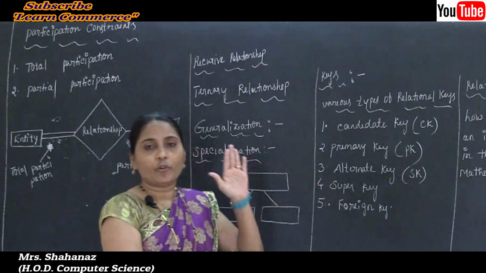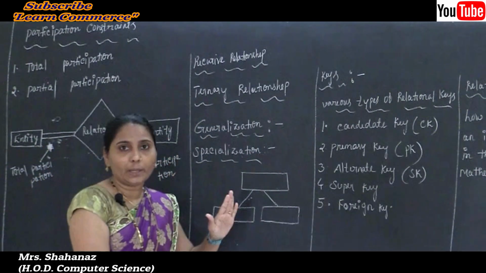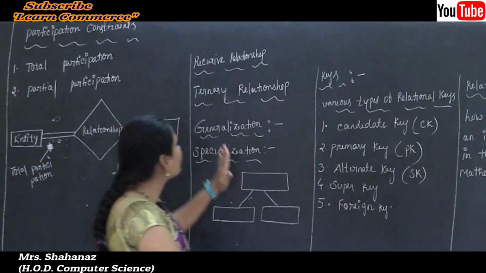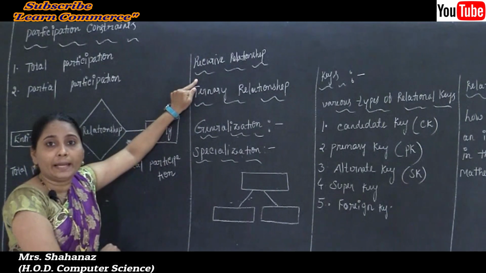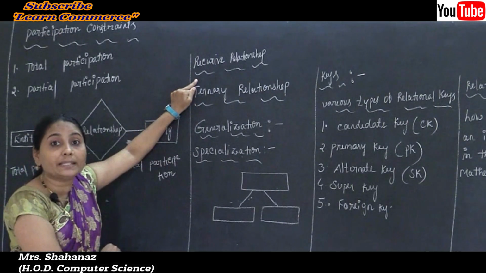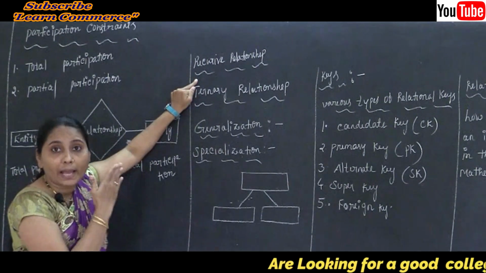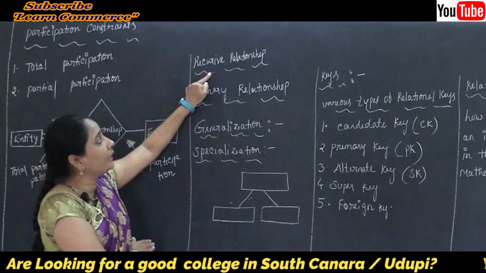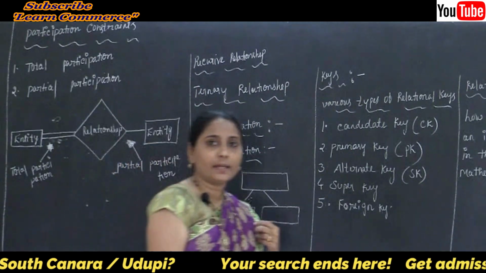If one table is there, all those columns relate with itself within that one table. So this is called our recursive relationship. The meaning of entity is the table. So when an entity is related with itself, it is known as the recursive relationship.